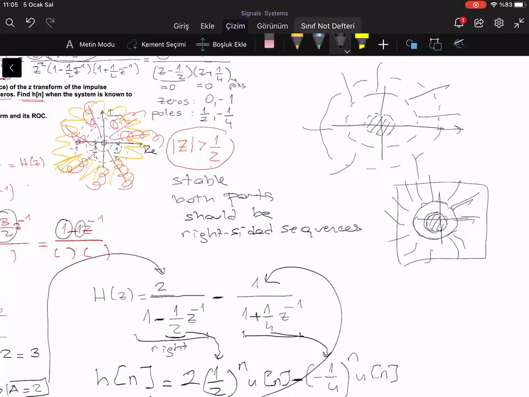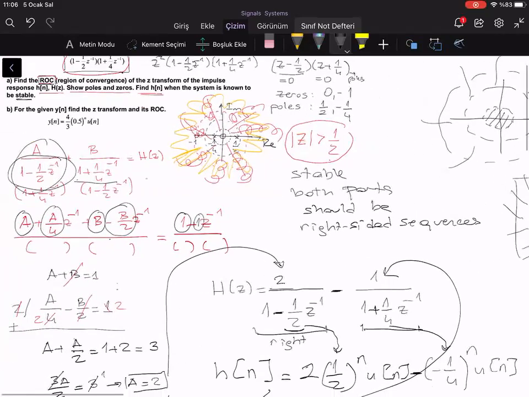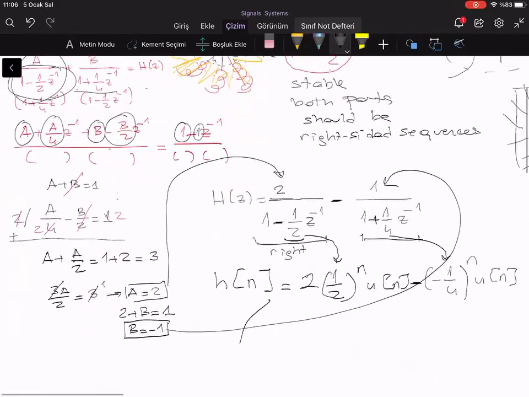Anlıyor muyuz arkadaşlar? There are different options here: both left-sided, both right-sided, one right-sided and one left-sided. It is possible, but usually our decision comes from the restrictions given in the question, like stable or causal. Is that clear arkadaşlar? So we have found h of n like this.